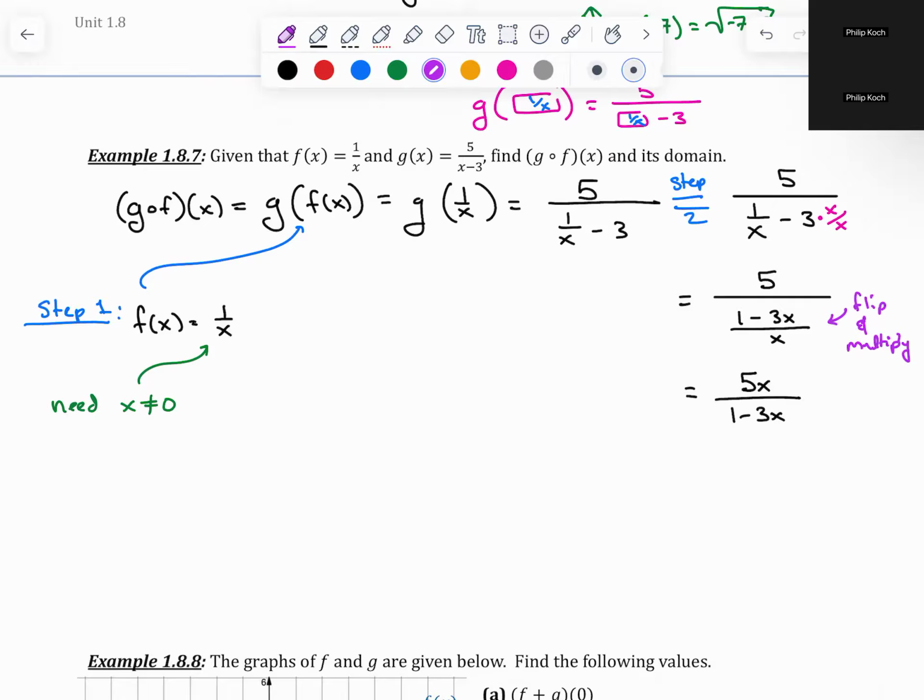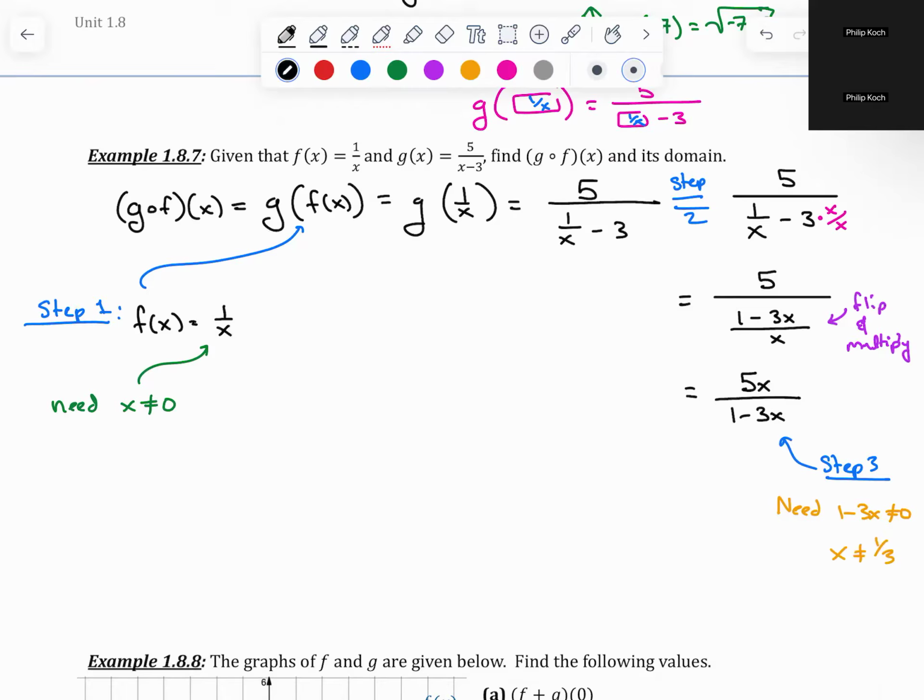And then step 3 is to look at the function, define this new function, and find where it is undefined. So step 3, we need 1 minus 3x to not equal 0, which means that x cannot equal 1/3. So we have 2 conditions.